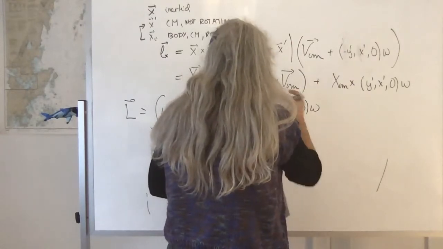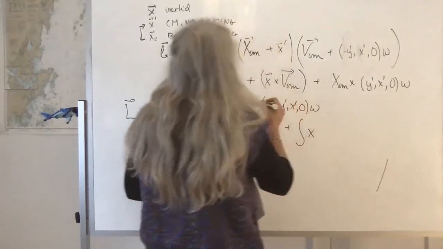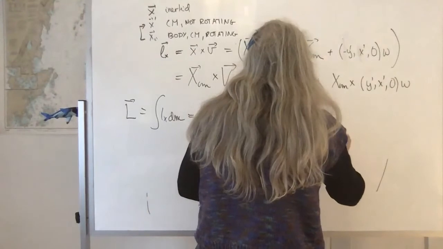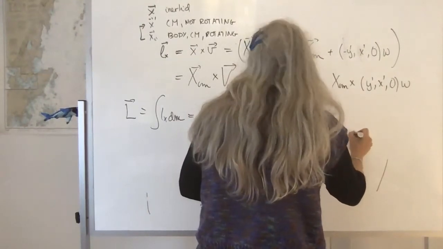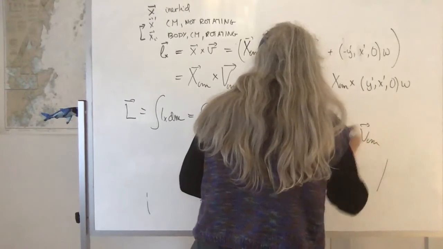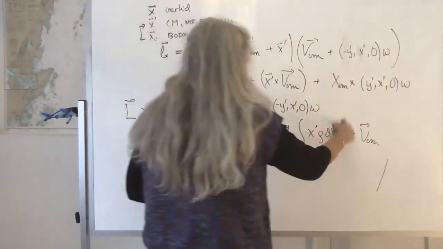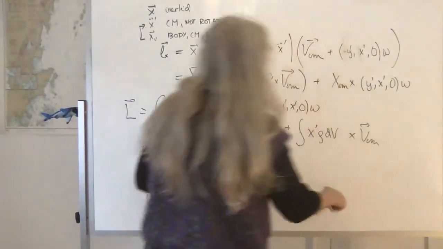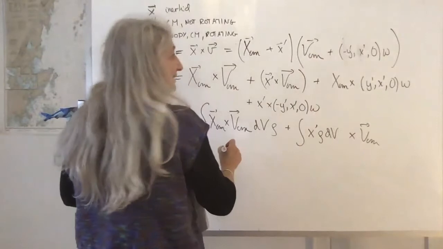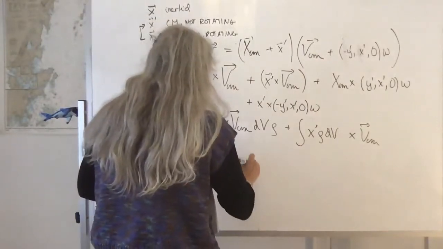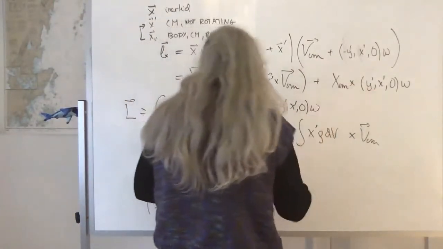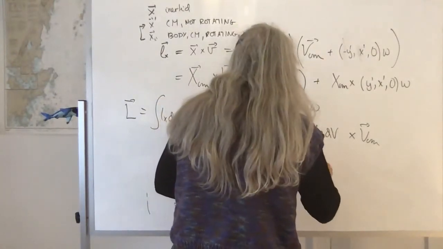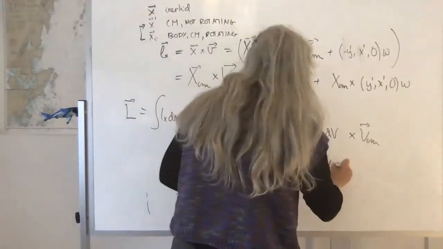This will be the integral of x prime rho dv times cross v center mass. I'm going to move this to the side because this doesn't depend on where you are inside the body. And then we have plus x center mass times the integral of these things, y prime, x prime, 0, rho dv, times omega.